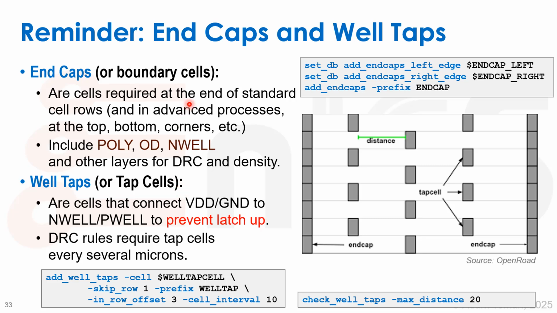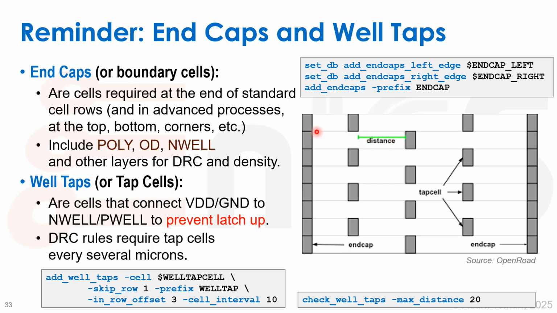Sometimes we actually will use well taps to implement Endcaps, but the well taps have a different job, and their job is to connect VDD and ground to the NWEL and PWEL, which will enable us to prevent latch up. Okay, and we have a DRC that requires us to spread these out every once in a while, and you can see that we have these well taps which are here, and they have some sort of minimum distance between them.